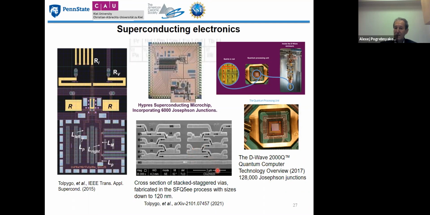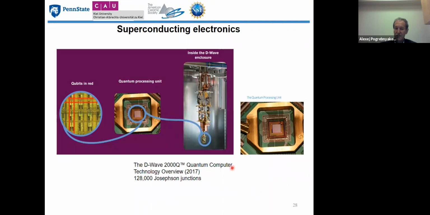So these Josephson junctions are used in high-speed electronics, and in particular in superconducting supercomputers, as shown here for the D-Wave company.